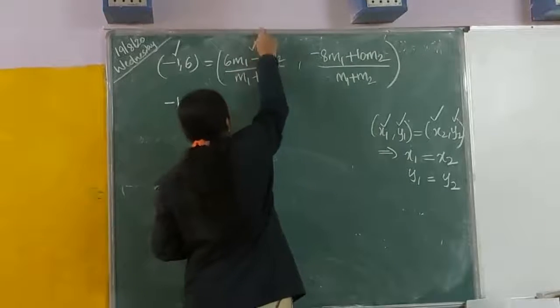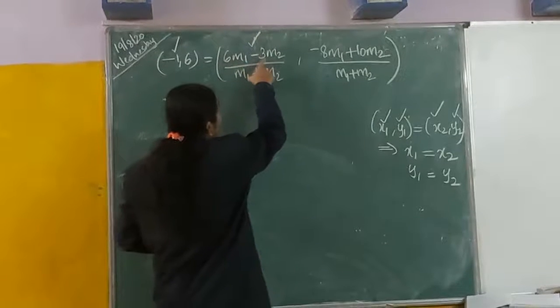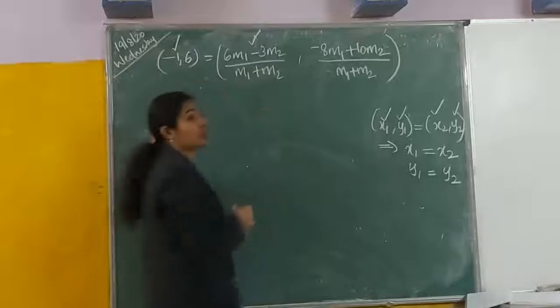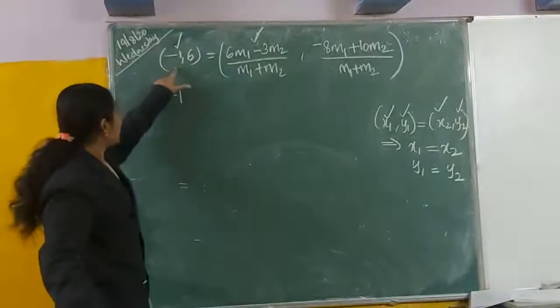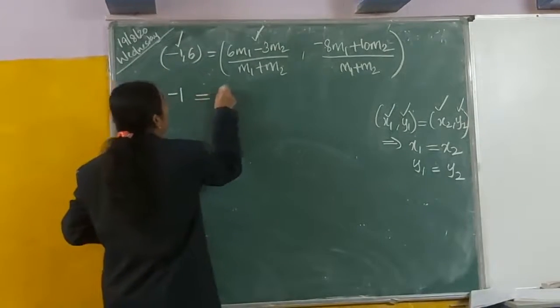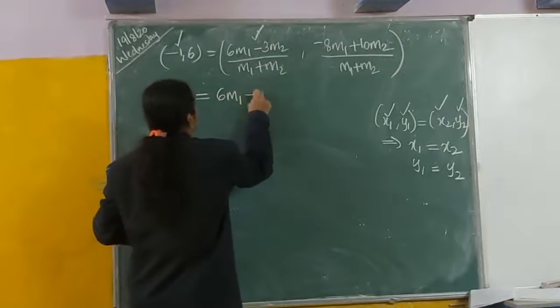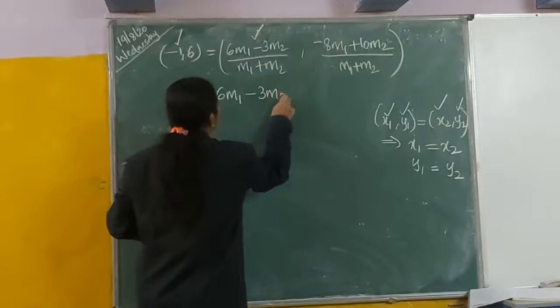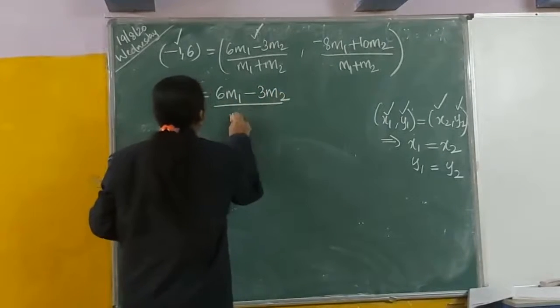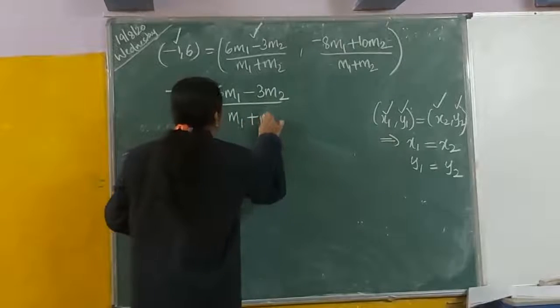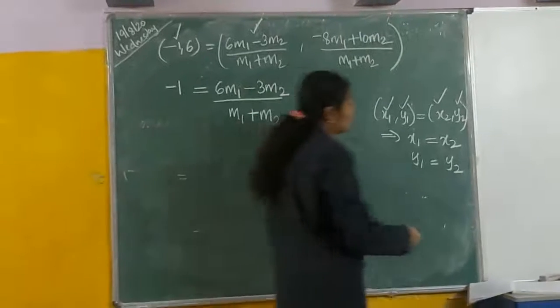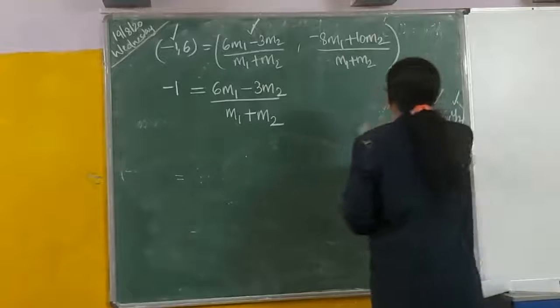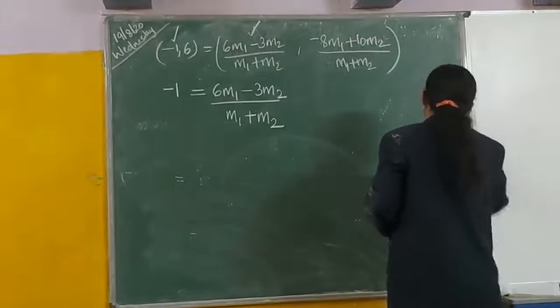Here the x coordinate is 6m1 minus 3m2 divided by m1 plus m2. So we can say minus 1 equal to 6m1 minus 3m2 divided by m1 plus m2.